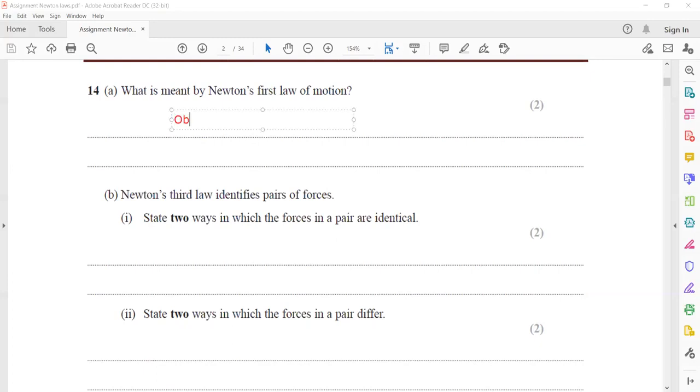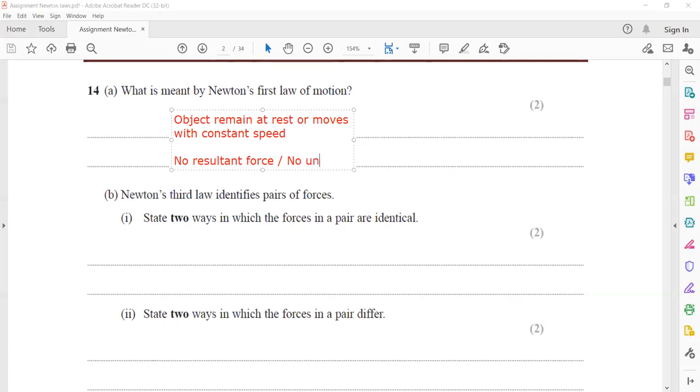So the object remains at rest or moves with constant speed when there is no resultant force, or no unbalanced force acting on the object. This is how you will get the 2 marks.